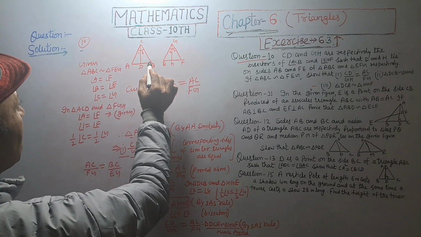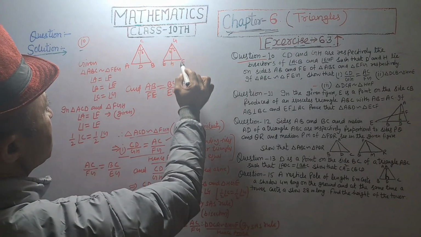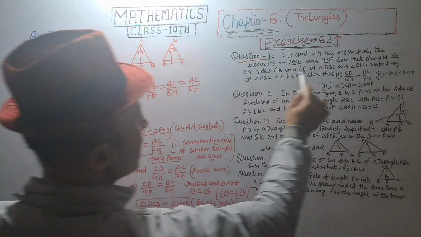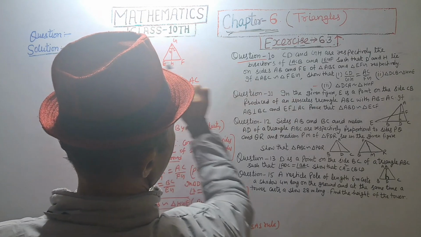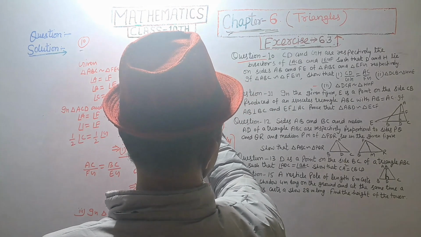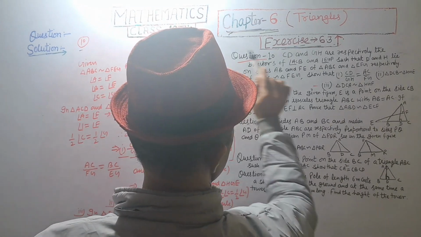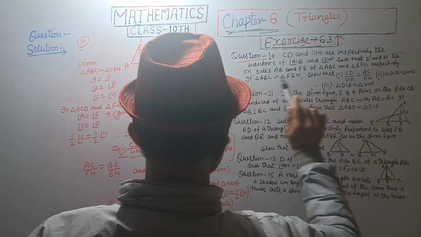In triangle ACB and triangle EGF, D and H lie on side AB and FE of triangle ABC and triangle EFG respectively.